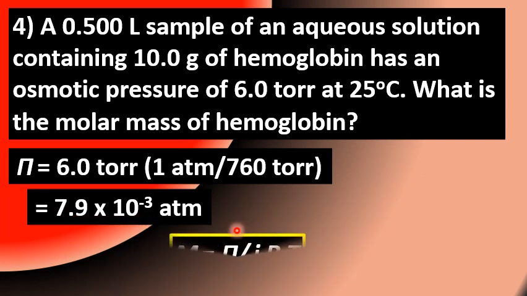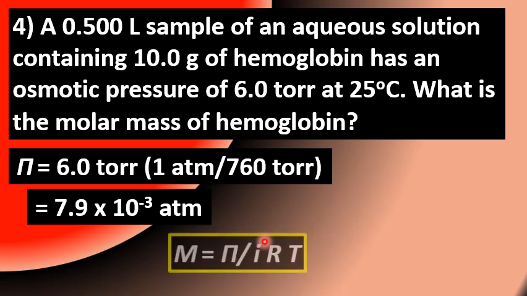All right? And our next step would be to determine the molarity, capital M, which is just dividing the osmotic pressure by the product of the Van Hoff index, the universal gas constant, big R, and the Kelvin temperature T.